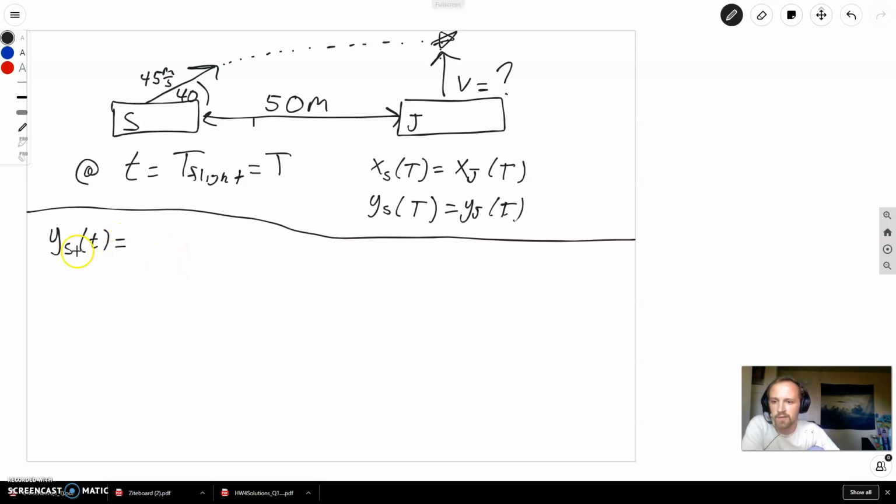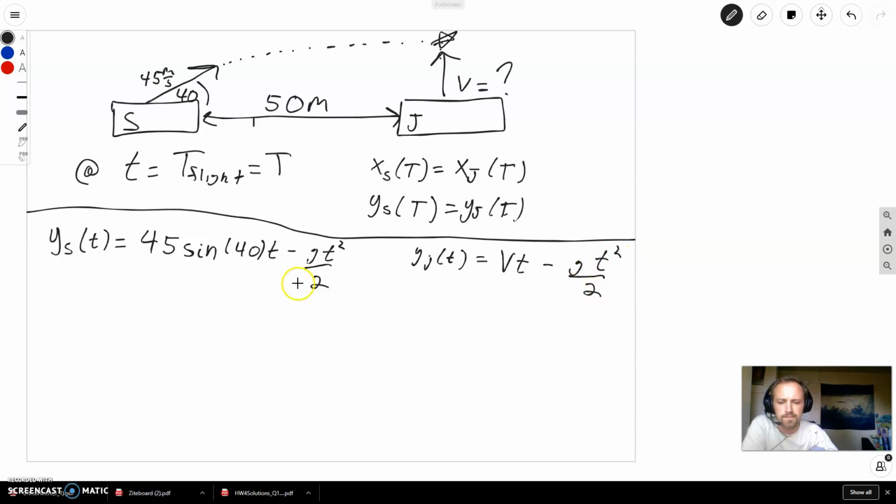This is for Steve. So then I'll get my velocity term, which is 45 times the sine of 40 times t minus gt squared over 2. I can do the same thing for John. y_J equals some velocity that I don't know, and he's being shot straight up, so I don't have to deal with any angles. So Vt minus gt squared over 2.